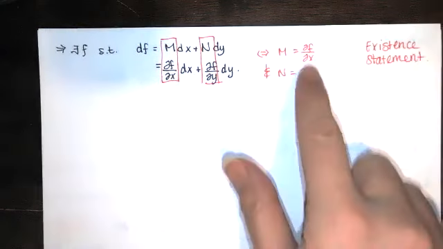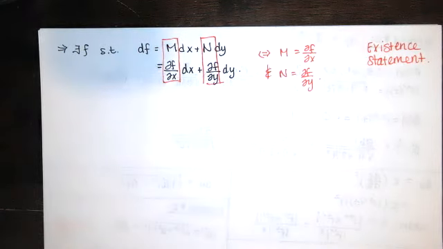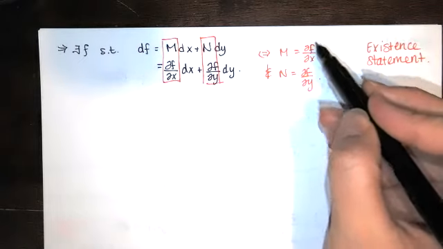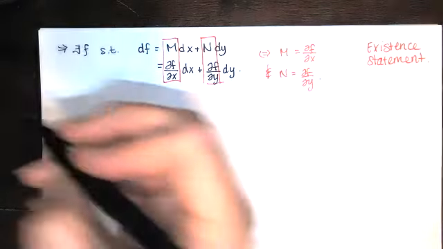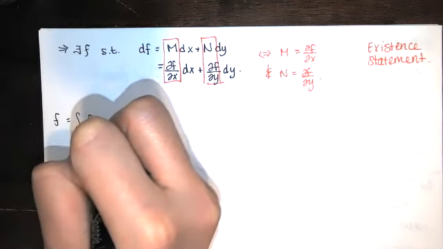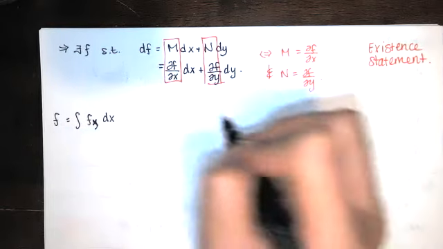Okay, so now we know this is true, and we're trying to get f back. In order to get f back, if you have the partial derivative of f with respect to x, you have to take the antiderivative with respect to x.